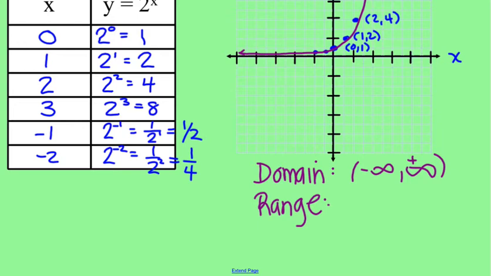That's the numbers you're getting out. So if we look at the y values, this is your y-axis here. Everything on these pieces that I'm highlighting here in the green, the graph doesn't exist down there. So we say y is greater than or equal to right there. So we say y is greater than 0, not equal to, excuse me. So y greater than 0.